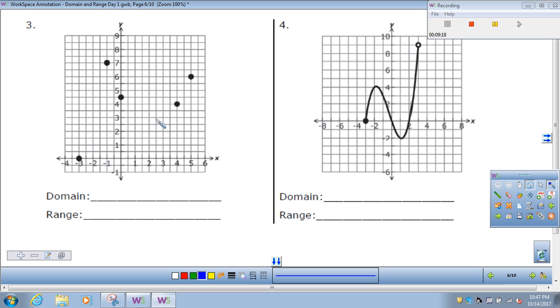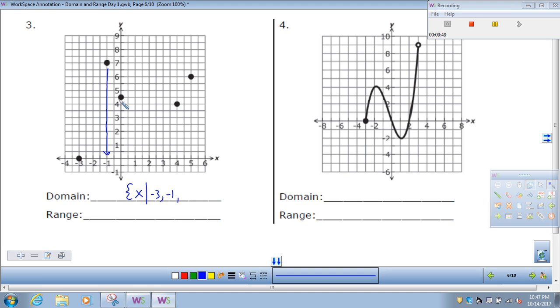Okay, taking a look at another one. So this is where it gets hard to do discrete. Dots are discrete, and so all I need to do is to list it. But when I list this, you have to go to each dot and then look at the x-axis. So this dot right here is already on the x-axis at negative 3. And then this dot, we've got to go down and take a look, and you can see that's at negative 1.